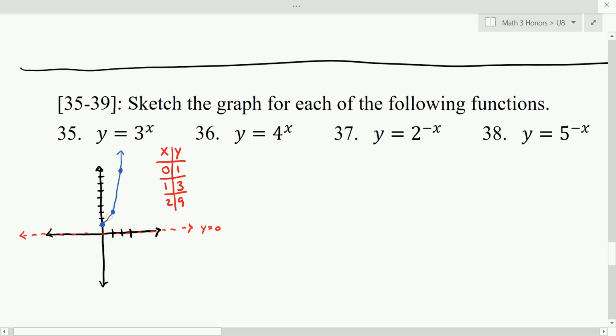And as it gets closer to the asymptote, it just follows that horizontal line there. And so I have 3 points. Label your points on your graph, the 3 points that you choose. So we have 2, 9 here, 1, 3, and 0, 1.